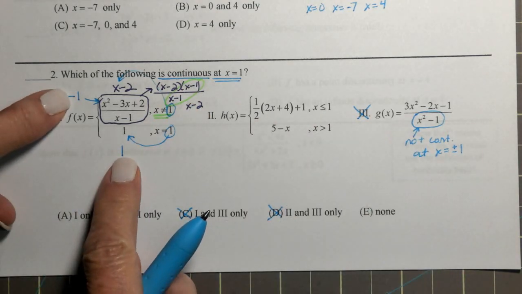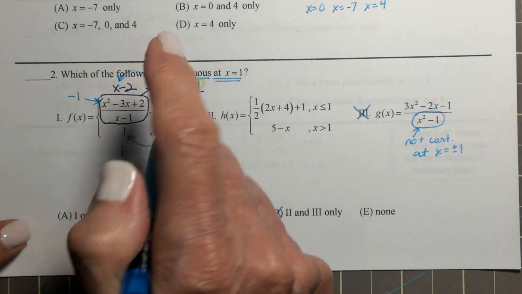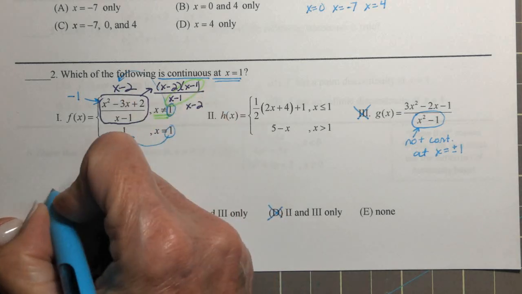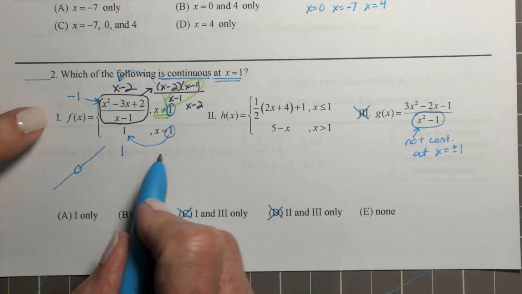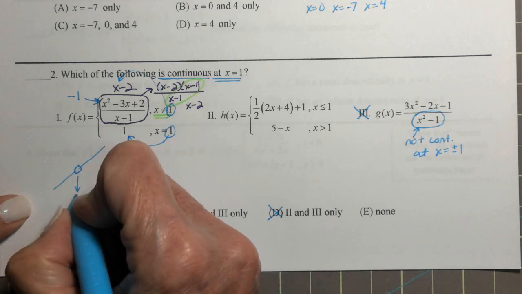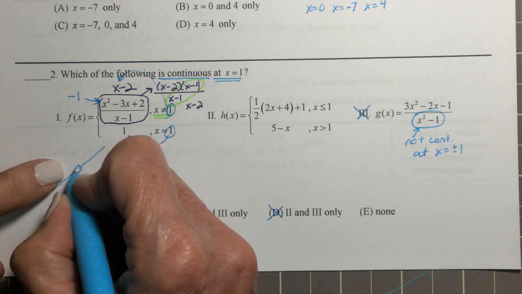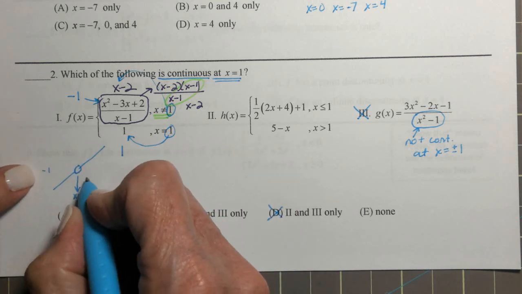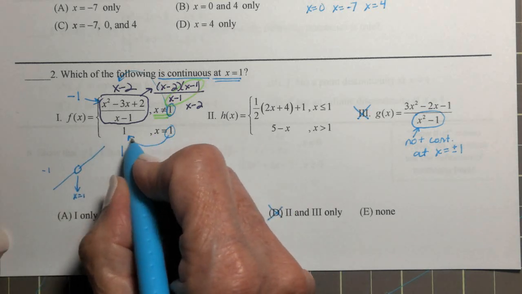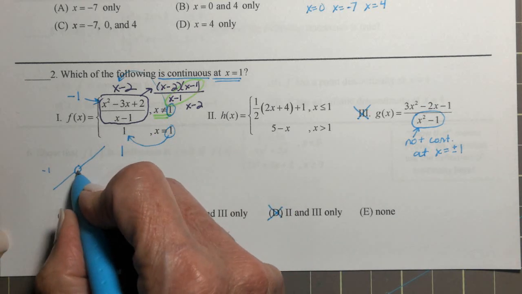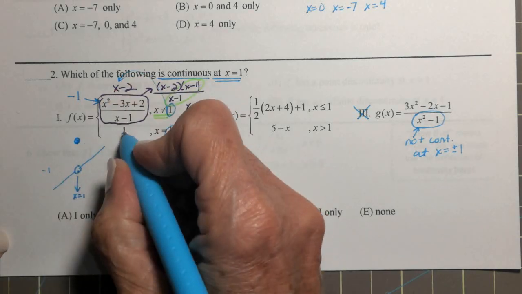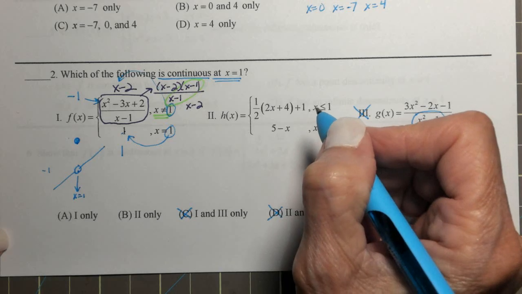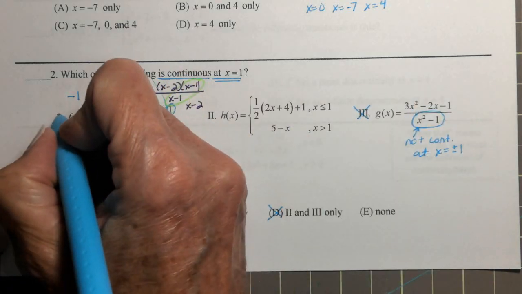These two do not match. So this ends up being a line that approaches, when x is 1, the y value negative 1. But there's a hole there, and it is not filled by this one. This one is up too high for it. So this is not continuous.